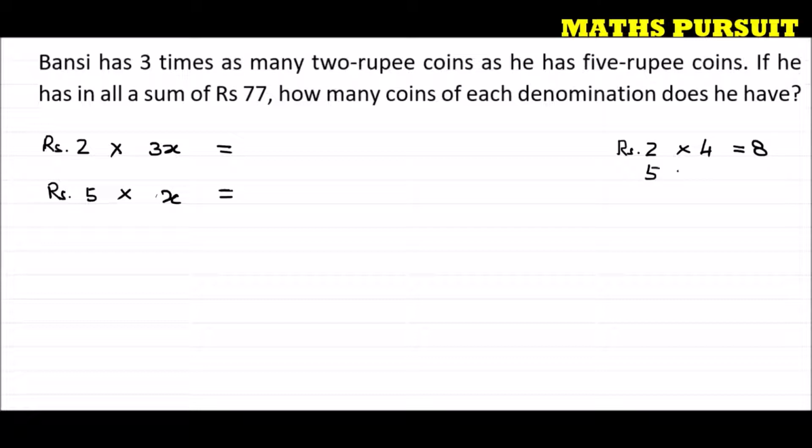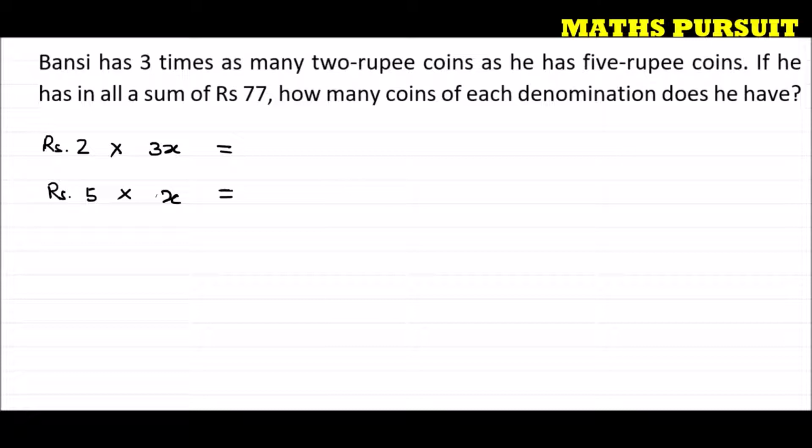If I have 5 number of 5 rupee coins, how can I determine the total? I need to multiply with that. If I multiply, I can get the total amount. Similarly, here let us multiply the things and get the total amount, so that we can calculate the number of coins he has.